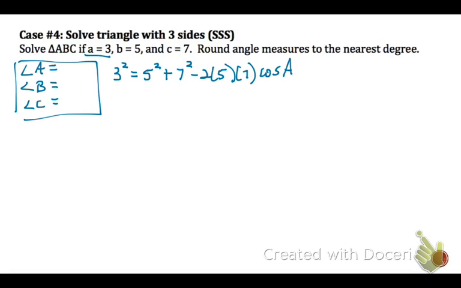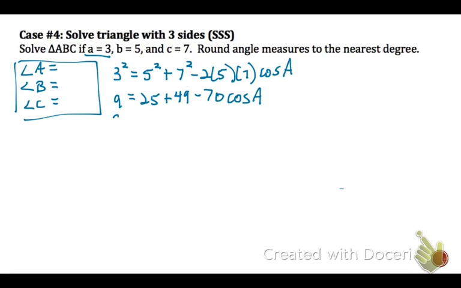Now we're just going to work backwards. So we have 9 equals 25 plus 49 minus 2 times 5 is 10 times 7 is 70 times the cosine of A.